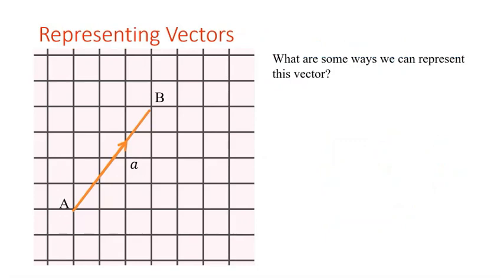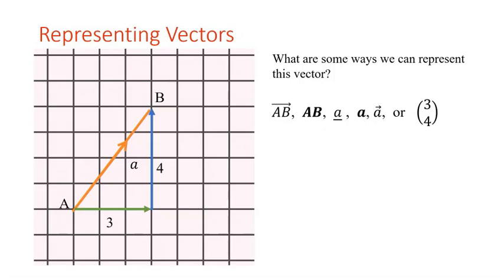I want to bring our attention back to representing a vector. Here we have a vector AB, or we could say A. In various books, they represent vectors differently. So I just want us to be aware of the way they would represent the vectors. You would have the vector AB with the ray above it.